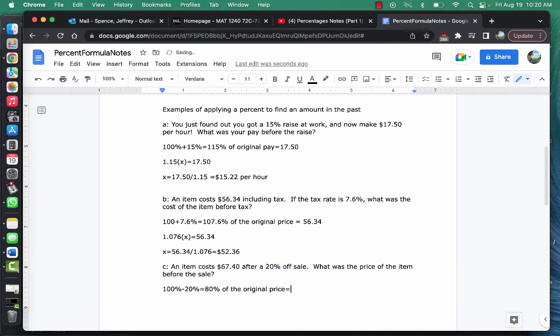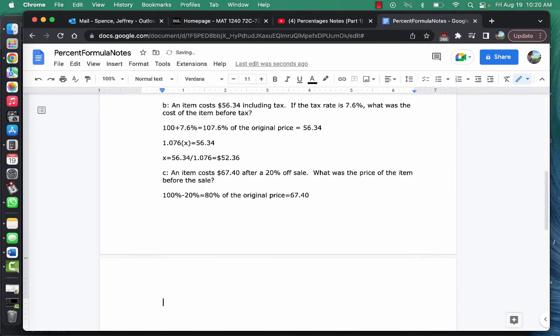And we know that the result price is $67.40. So once again, this is set up algebraically as we convert the 80%, so 0.80, times the original price. 80% of something we don't know, so 0.80 times x gives me the 67.40, and then it's the same process.